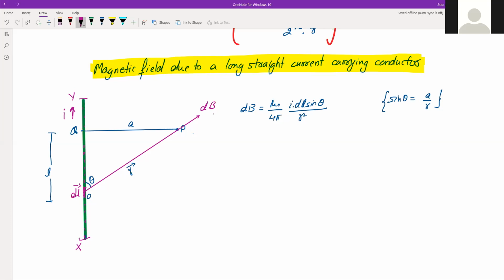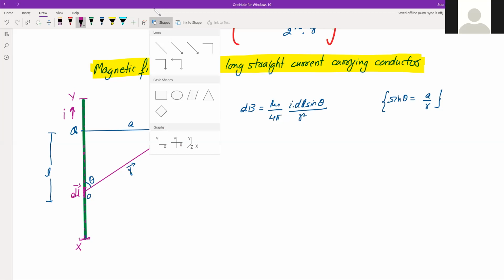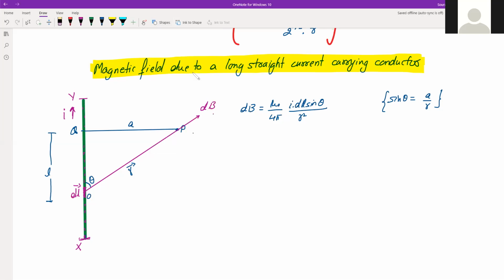So I cannot take anything in terms of the length, because the length of this wire is unknown, right? And we don't have an idea from where to where it will stretch. So we have another quantity which we can measure, that is the angle from the top to the point of observation and from the bottom end to the point of observation.